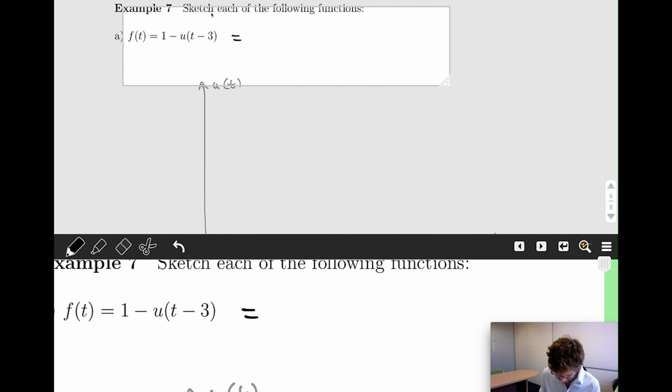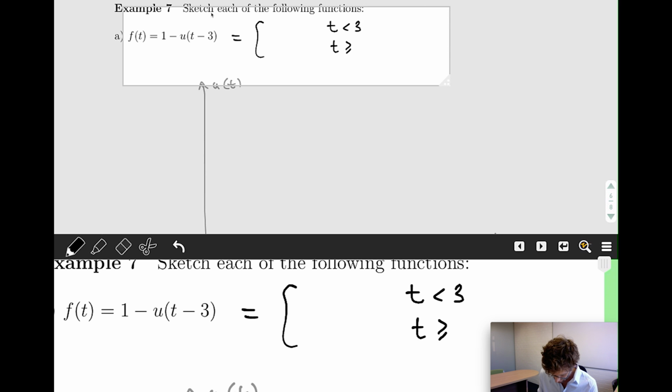So it's natural to look at what the value of this function is at t less than 3 and t greater than or equal to 3. So we saw that when t is less than 3, this Heaviside is a Heaviside of a negative number, so it's equal to 0. So this thing will be 1 minus 0, it'll be equal to 1.